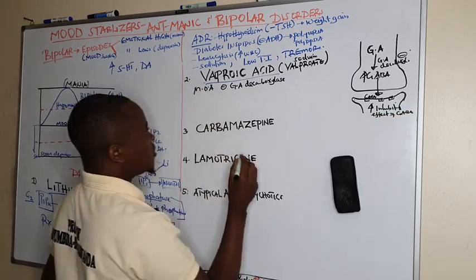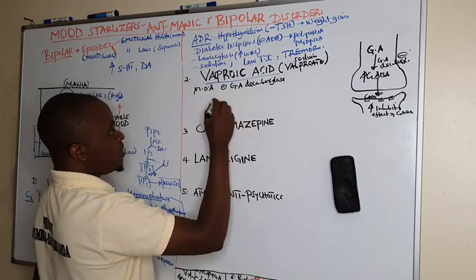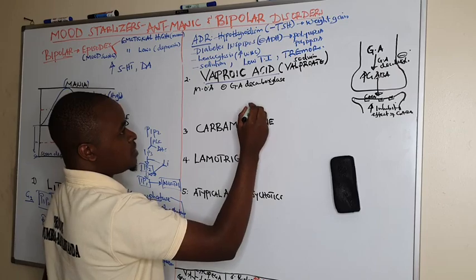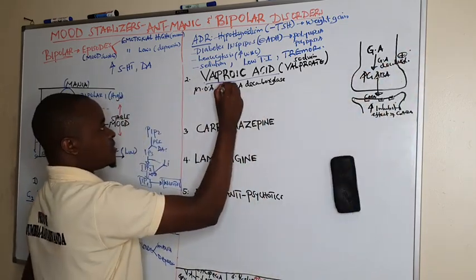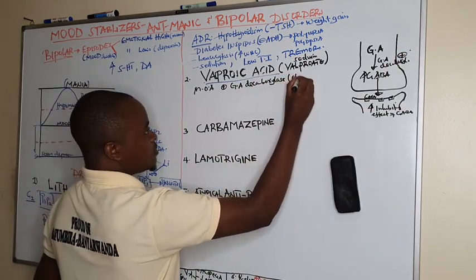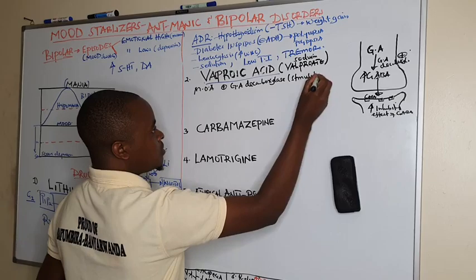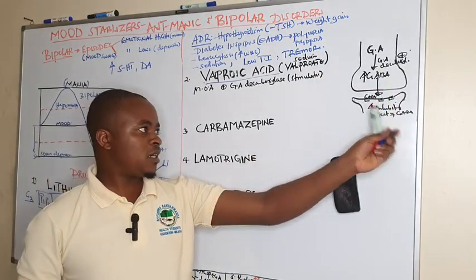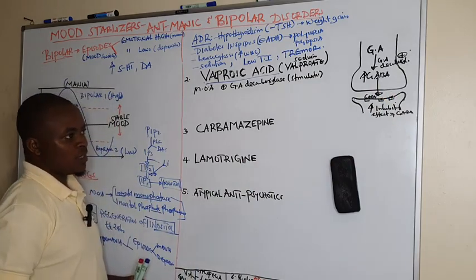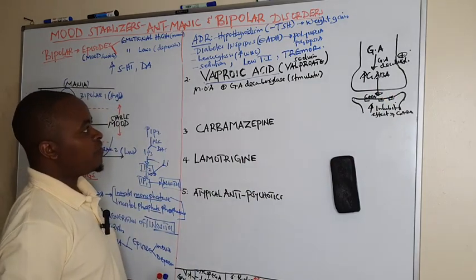So this is one mechanism. It doesn't inhibit, it stimulates. This enzyme is stimulated. After stimulating it, more GABA is formed to bind to its receptors to bring its inhibitory effect.